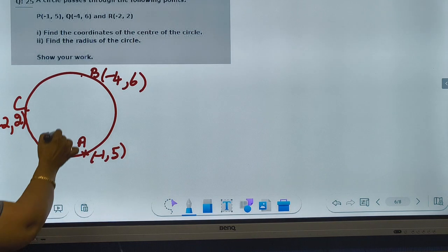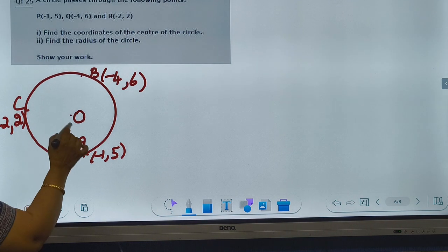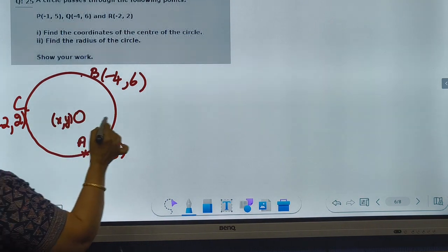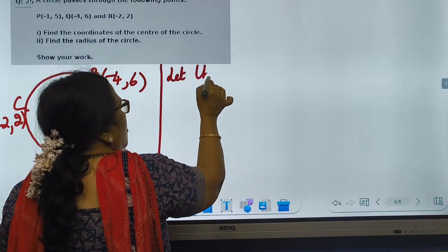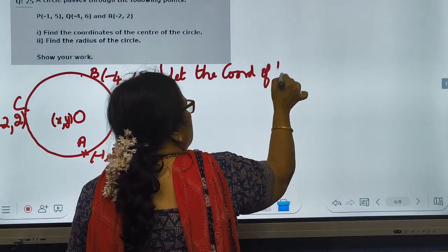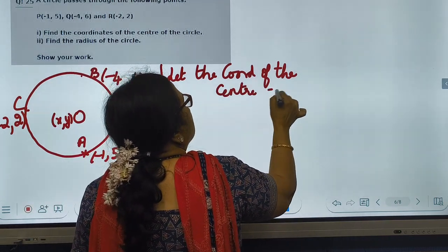You have to find the coordinates of the center and also the radius of the circle. So let the coordinates of the center be (x, y).